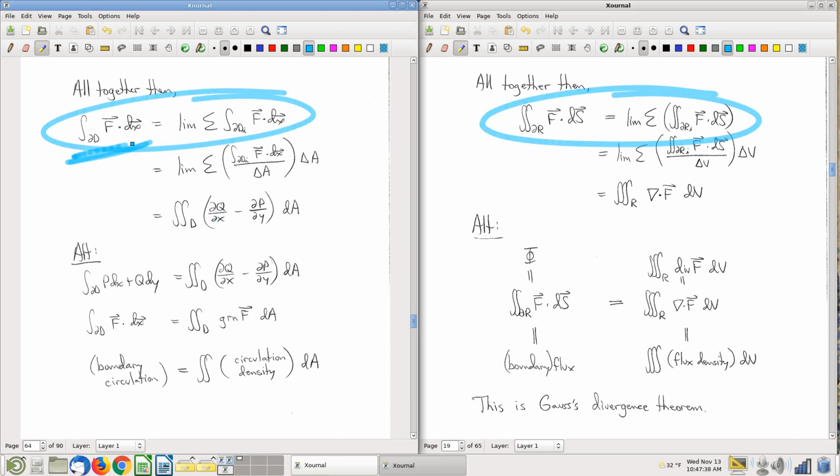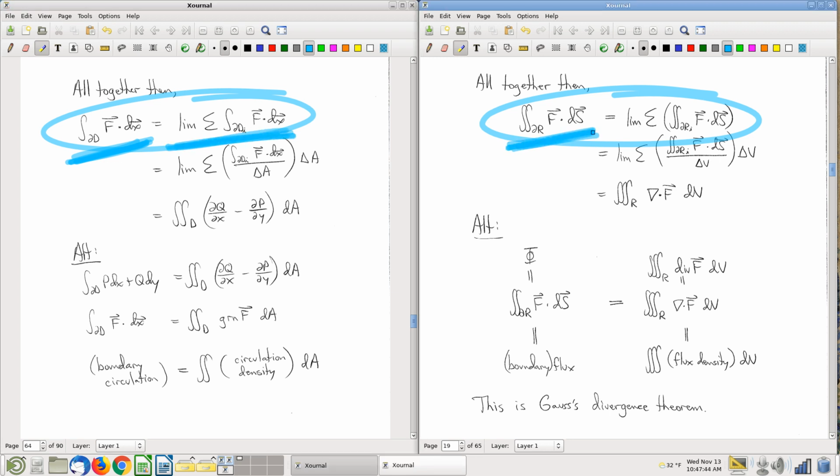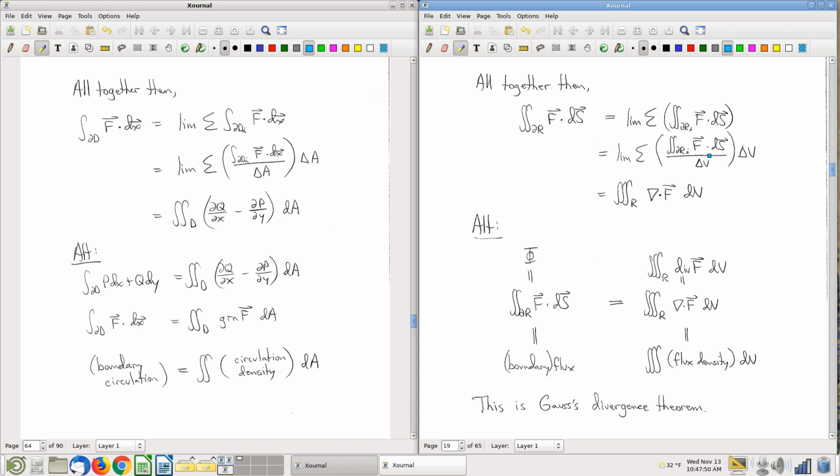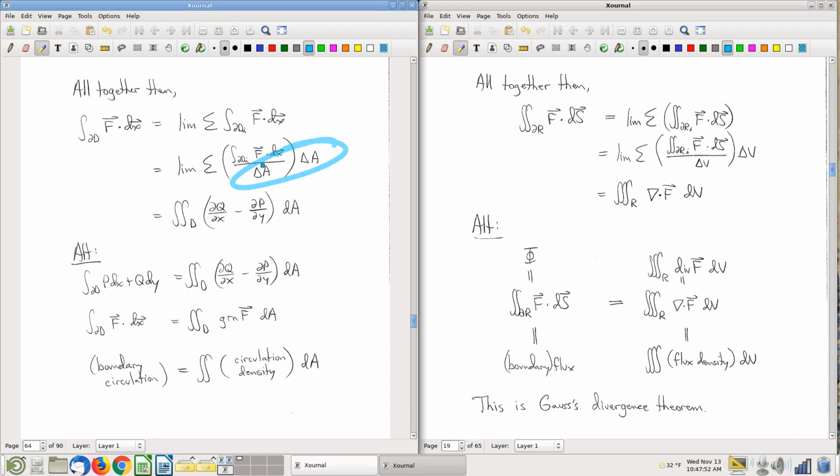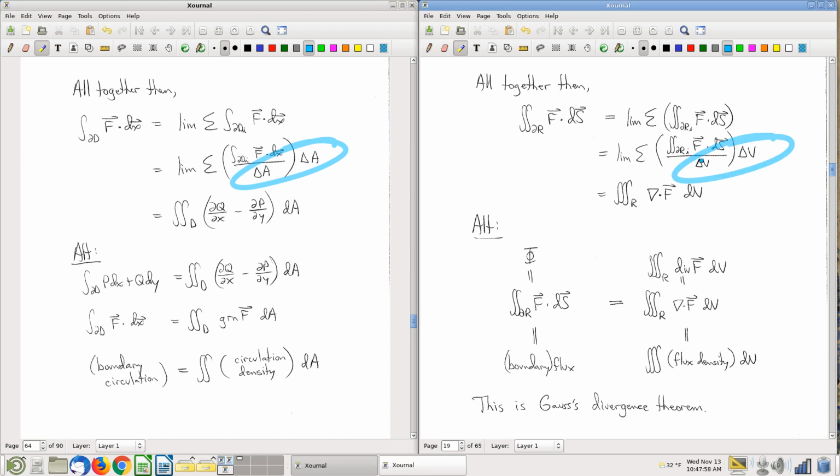Here we were looking at boundary circulation. Well, boundary circulation accumulates. Here we're looking at boundary flux. Well, boundary flux accumulates. Multiply and divide by area over there to make this look like a double integral. Multiply and divide by volume over here to make this look like a triple integral.